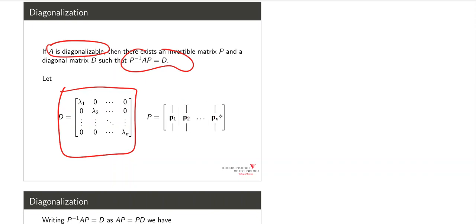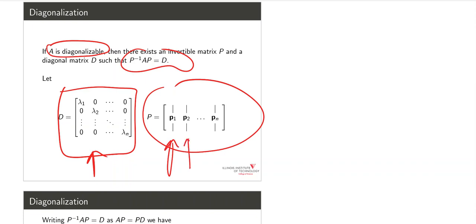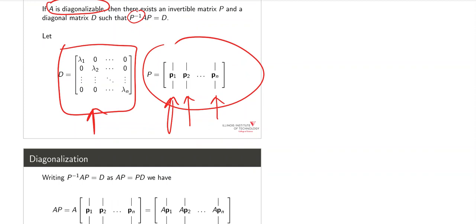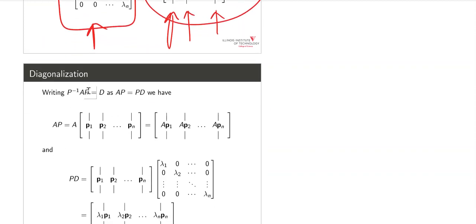P is an invertible matrix by the definition of diagonalization.